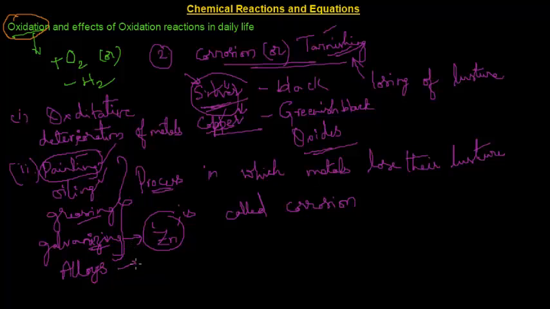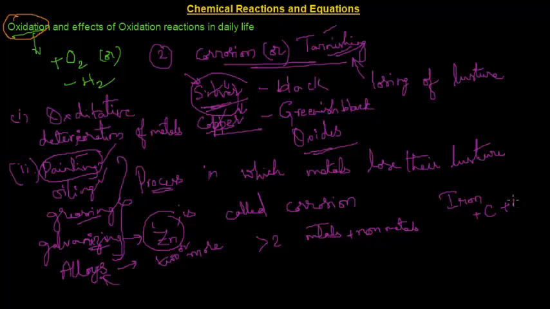Then alloys. Alloys means mixing two or more metals, or metals and non-metals, to give an alloy. For example, steel is an iron vessel only, but it contains iron, carbon, nickel and chromium.